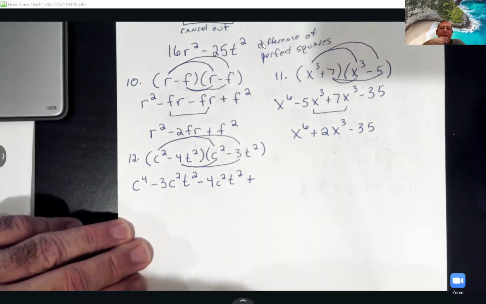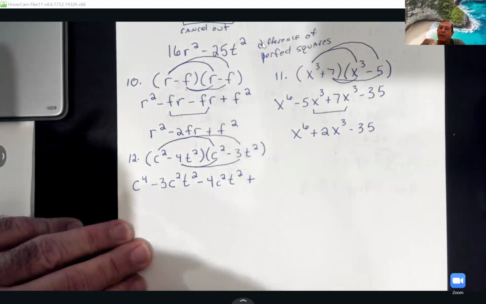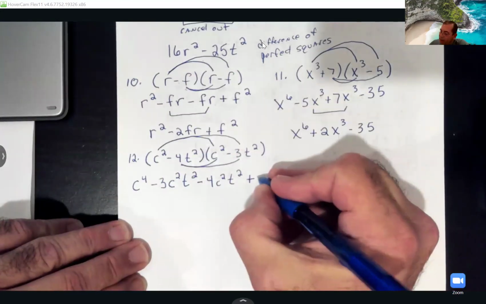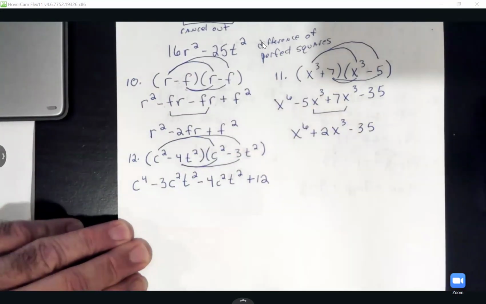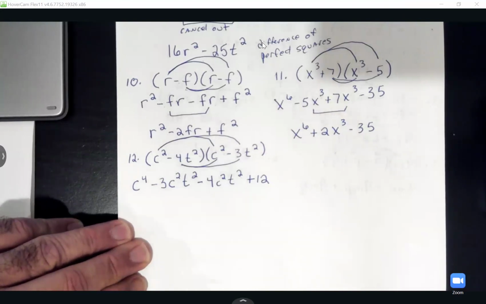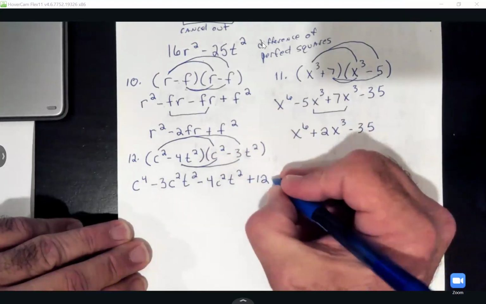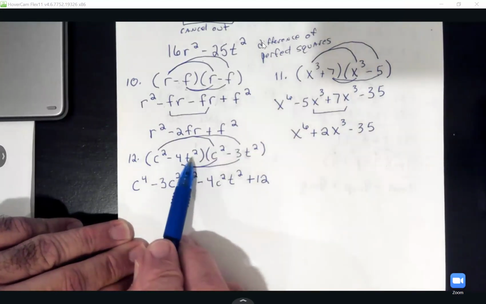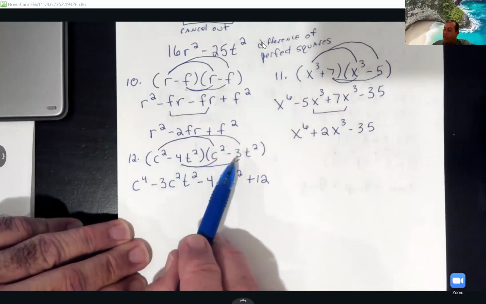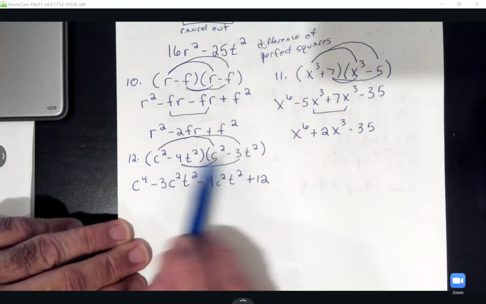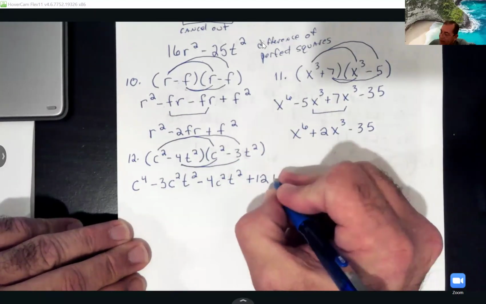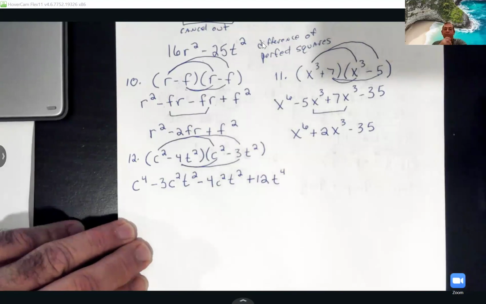So what do we got? 4 times 3 is 12, and then t to the what? Remember, we're multiplying, so we add the exponents and get t to the 4th.